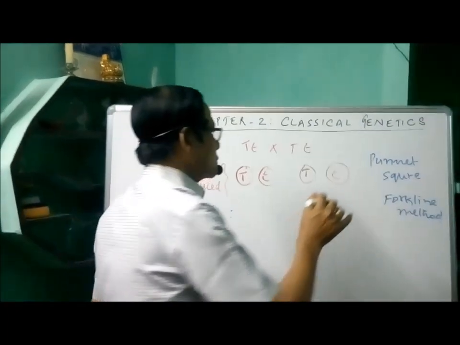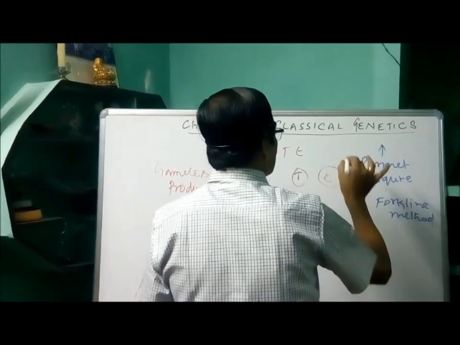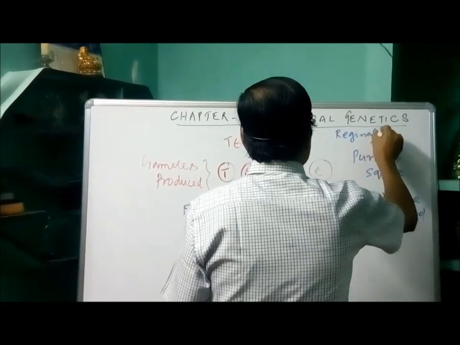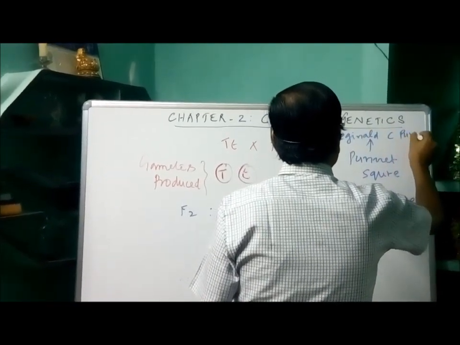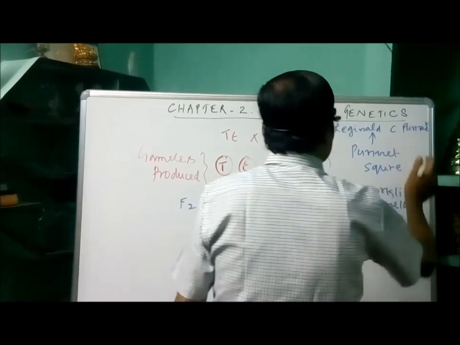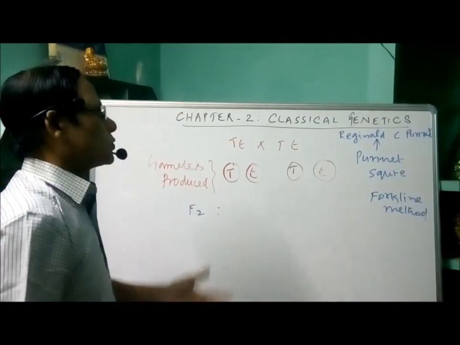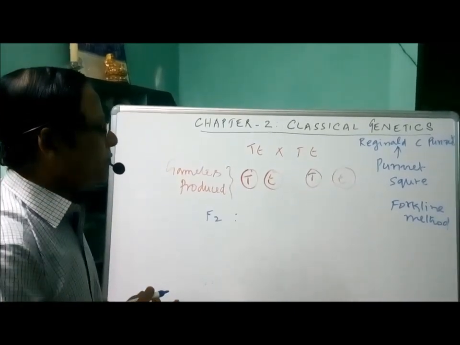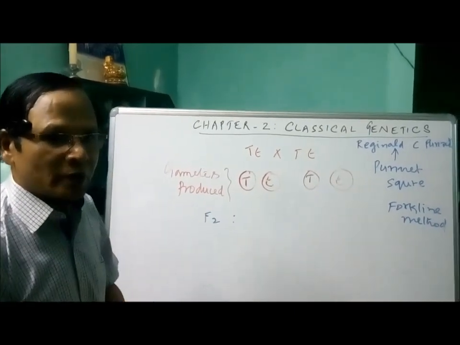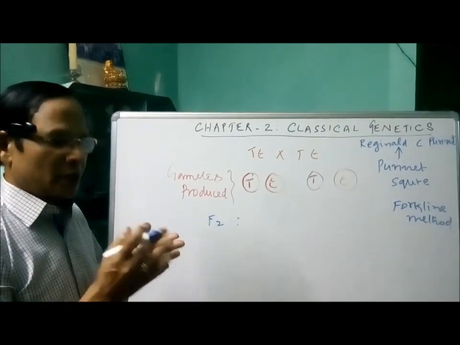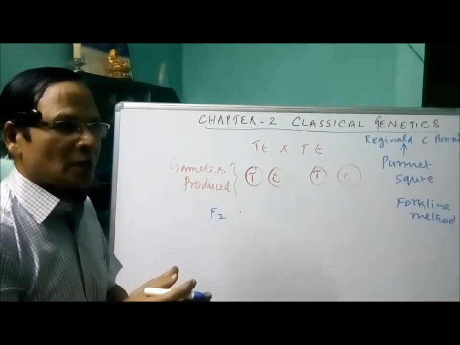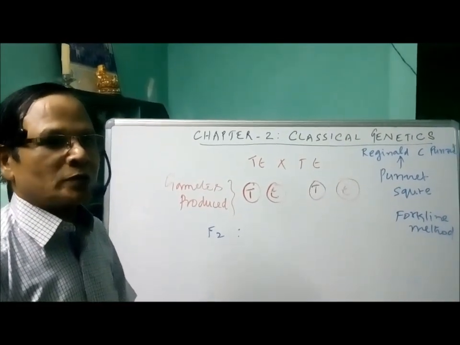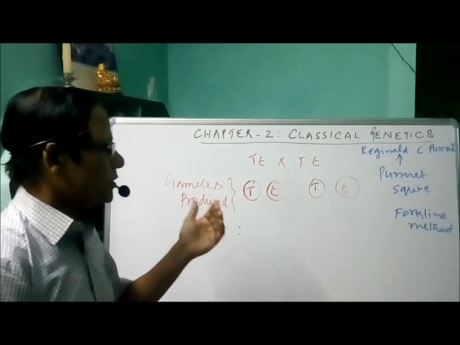The Punnett square was proposed by a British geneticist, Reginald C. Punnett. He was the first person to propose this Punnett square. So what is a Punnett square?